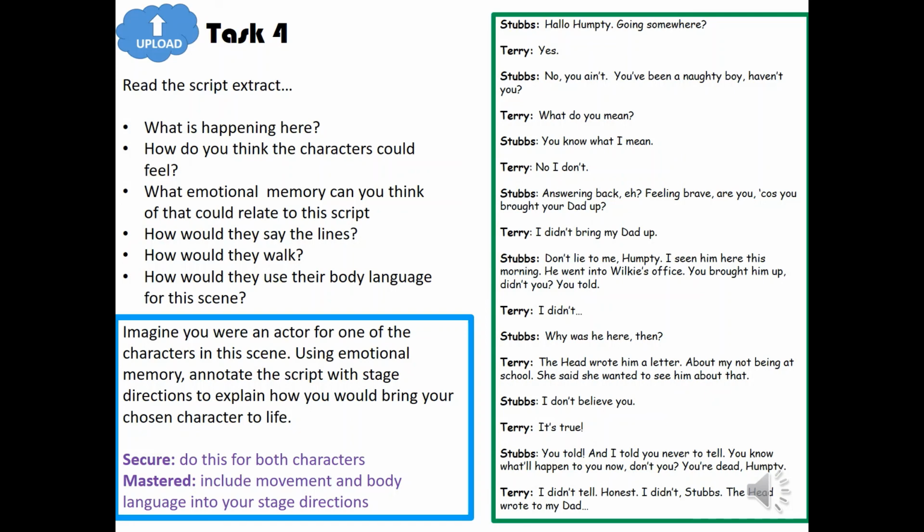I didn't. Well, why was he here then? The head wrote him a letter about me not being at school. She said she wanted to see him about that. I don't believe you. It's true. You told. And I told you never to tell. You know what'll happen to you now, don't you? You're dead, Humpty. I didn't tell. Honest, I didn't, Stubbs. The head wrote to my dad.